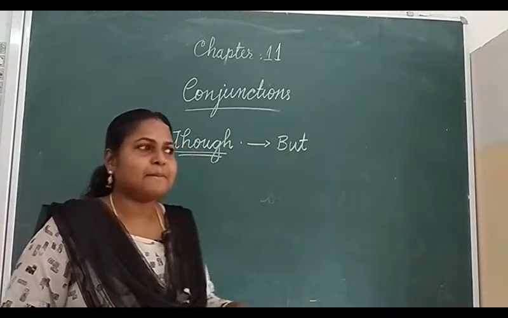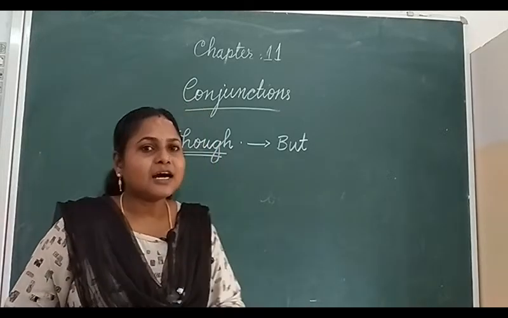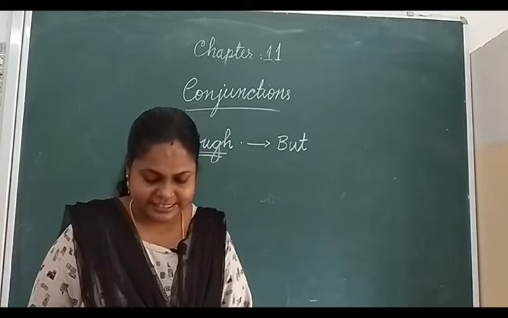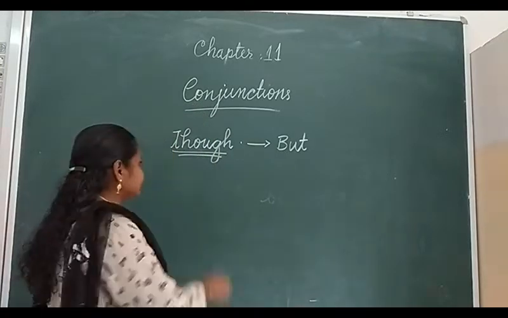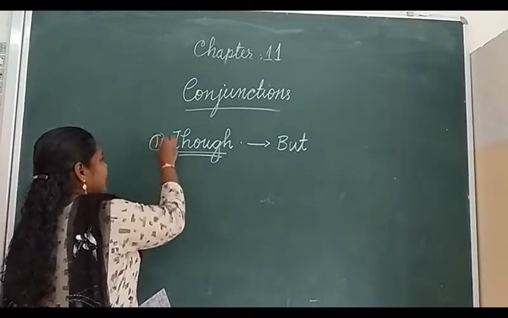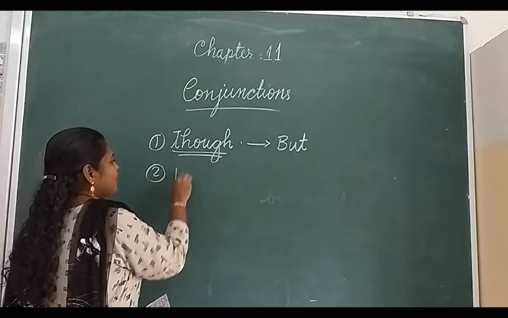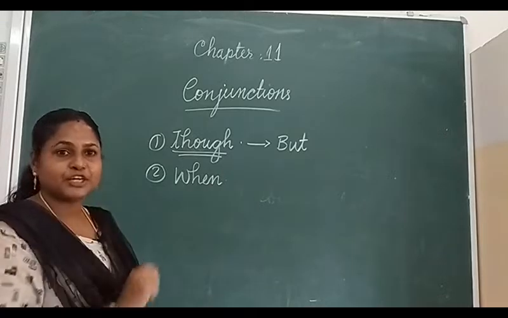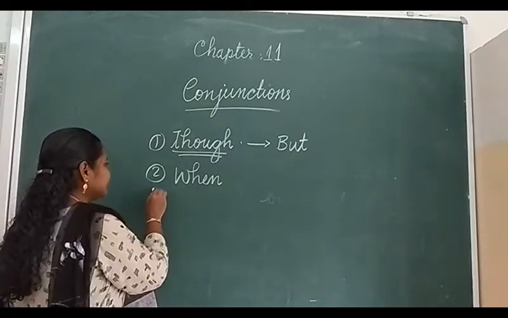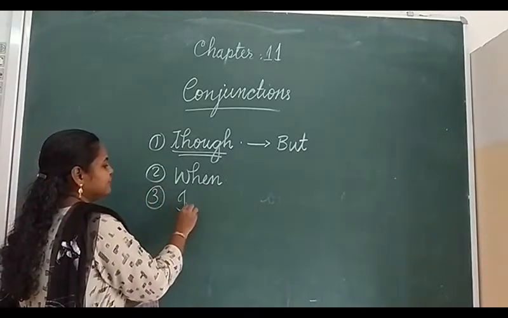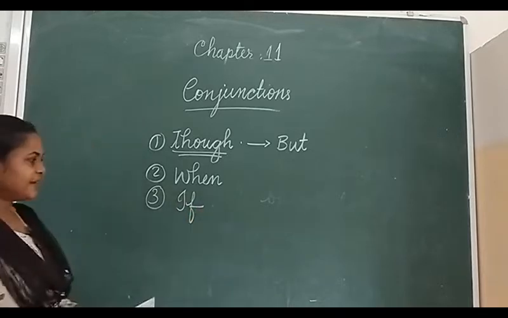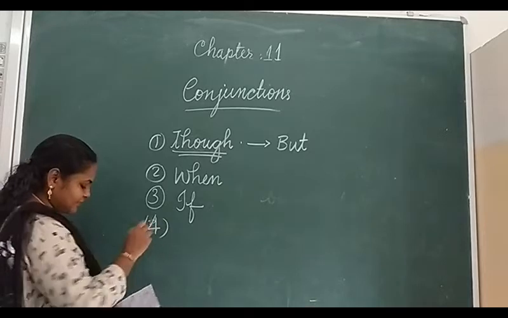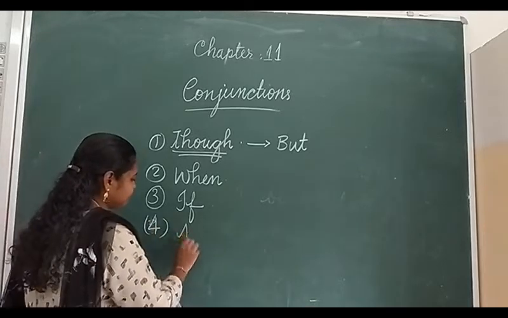There are some conjunctions that are used in the beginning of the sentences. Which are they? We can see them. First one is though, and second one is when. When is a conjunction that is used in the beginning of the sentence. Another one is if, and the next one is after.